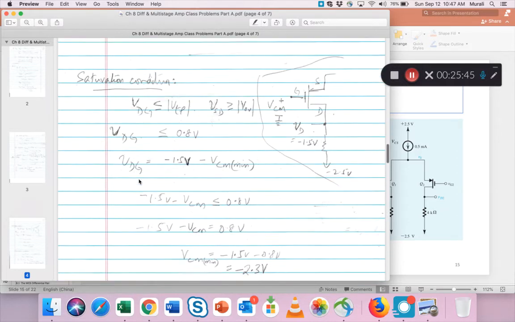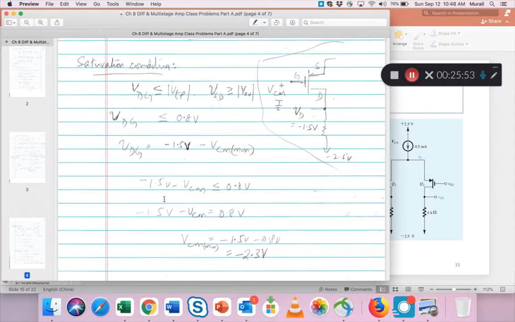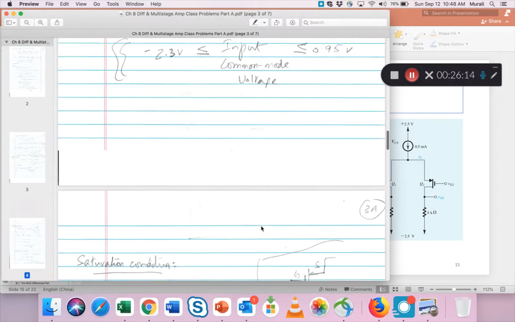Now we know VDG is minus 1.5 minus VCM minimum. So minus 1.5 minus VCM is less than or equal to 0.8. You only have to test for equal to because the less than will always be satisfied automatically. So if you put the equality, then you can calculate VCM minimum as minus 2.3, which is what I've shown here.